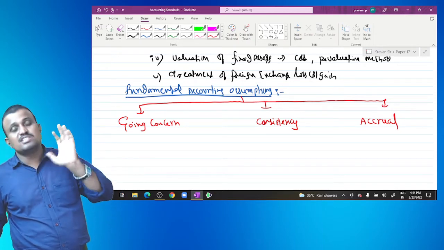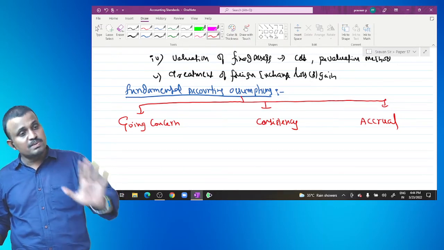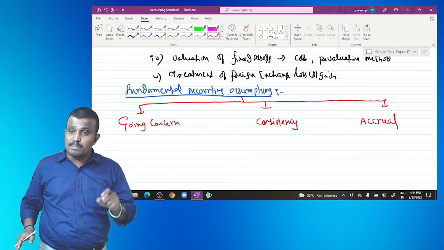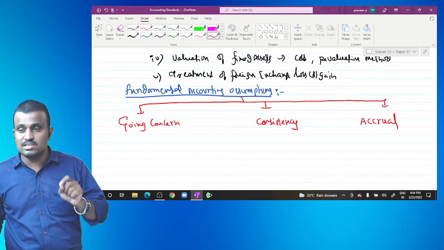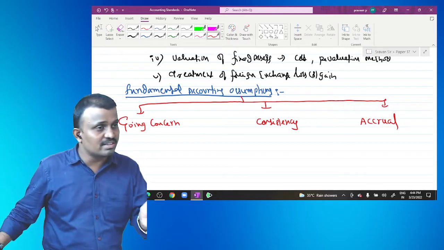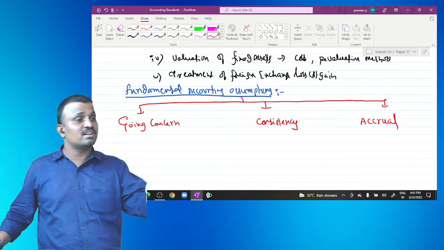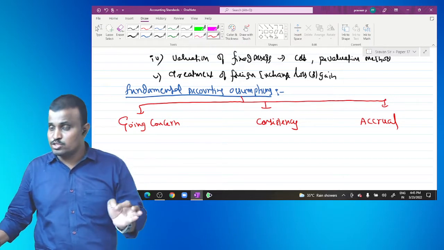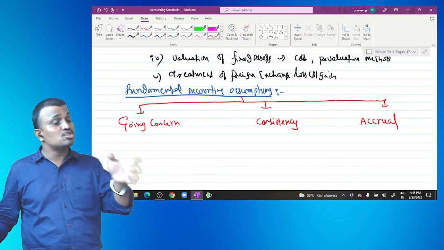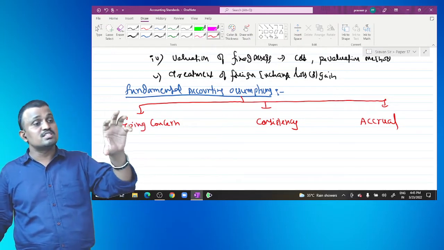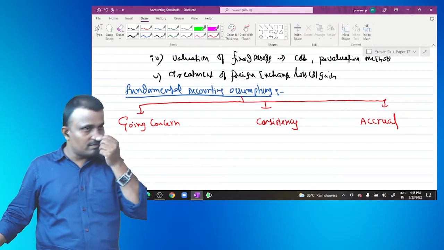Generally, every business assumes the going concern. If the financial statements are prepared based on that concept, the management has no intention to sell the business or its major plant in the nearby future.